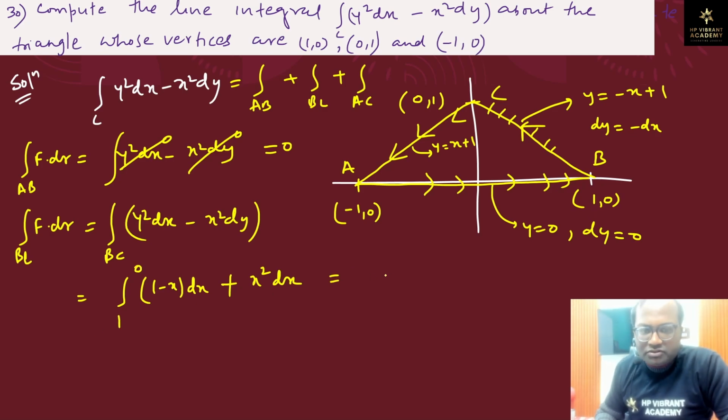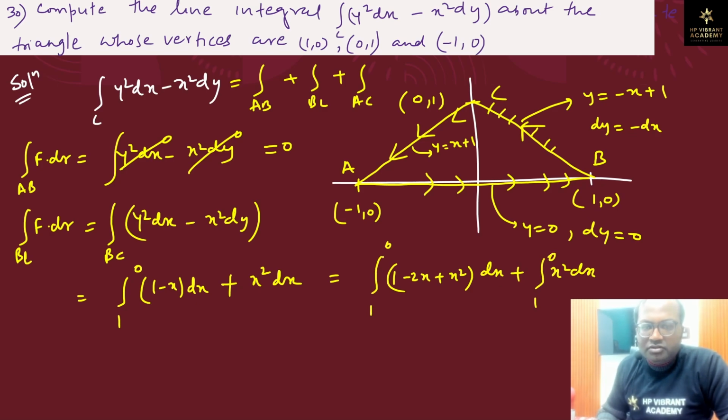So this is the integral of 1 minus 2x plus x square dx plus x square dx, from 1 to 0. So this is x minus x square plus x cube by 3, limit 1 to 0, plus x cube by 3, limit 1 to 0.